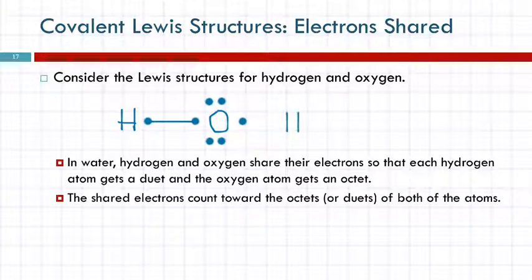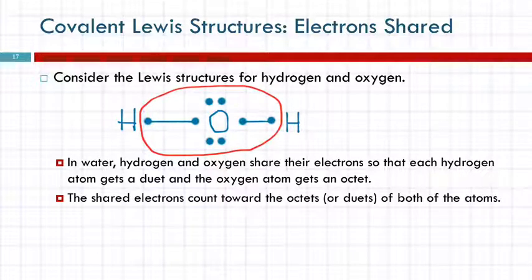So let's put another hydrogen over here, another hydrogen with 1 valence electron. This hydrogen is willing to share that electron, and so it will share with the oxygen. So the oxygen sees all of these electrons as belonging to her. 2, 4, 6, 8.